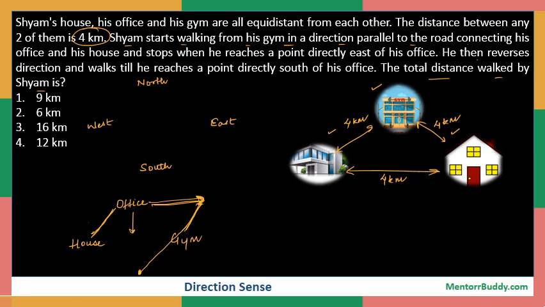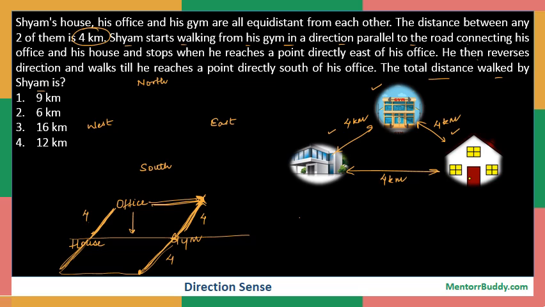Now please understand this becomes a parallelogram situation. So this length which was supposed to be 4 kilometers is also 4 from his gym to this first point. Then when he reverses back he travels for 4, and if I make a bigger parallelogram like this, this distance is going to be again the same, 4.